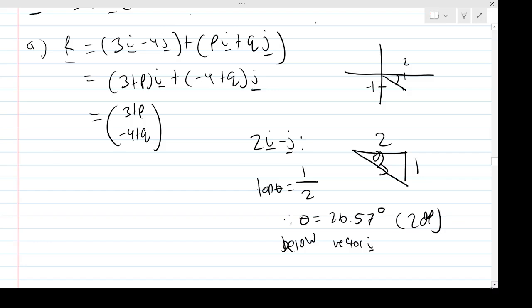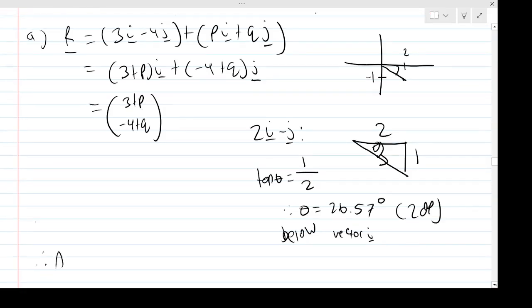Okay, so therefore, as r is parallel to 2i minus j, both have the same direction.